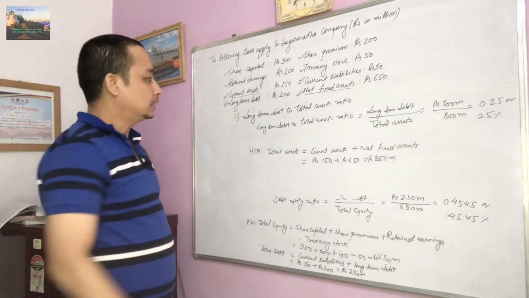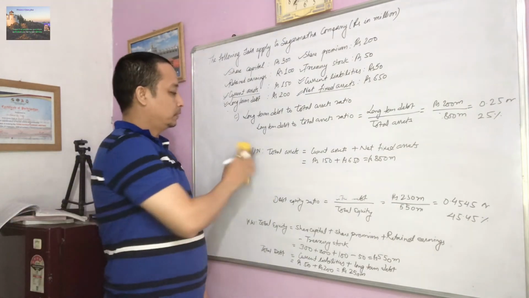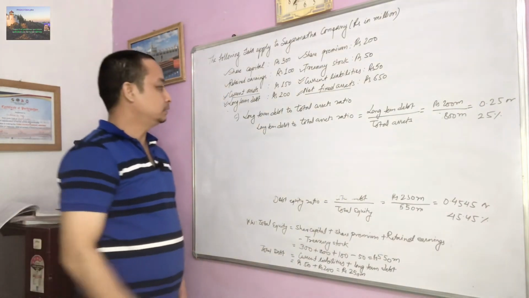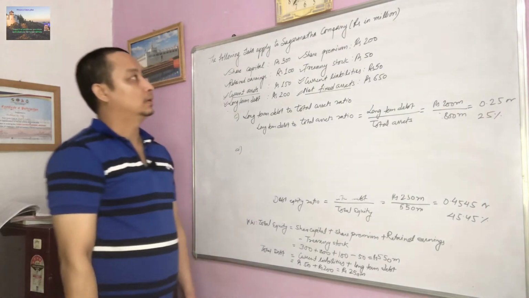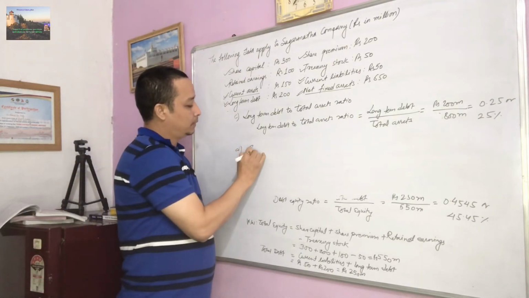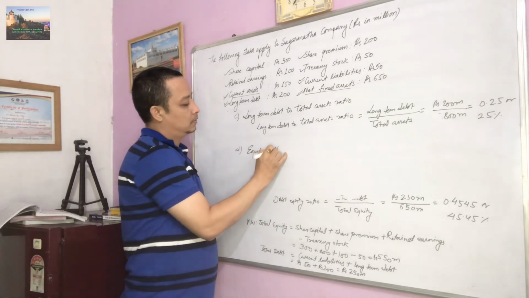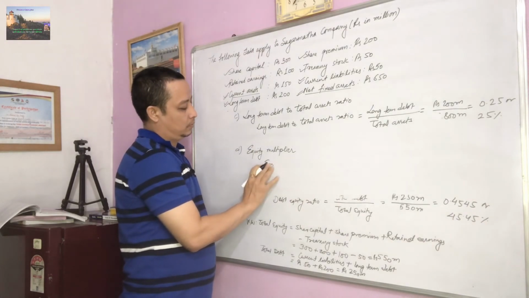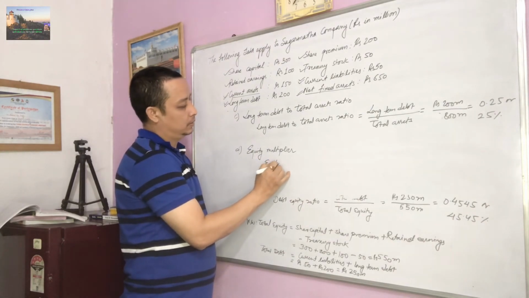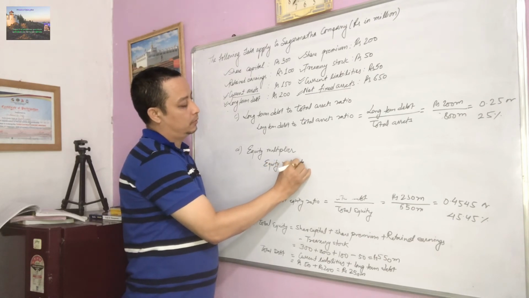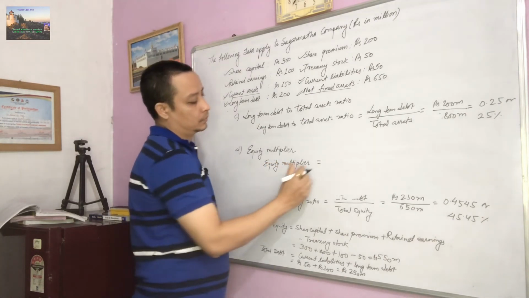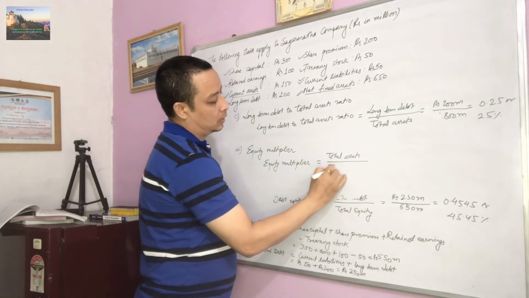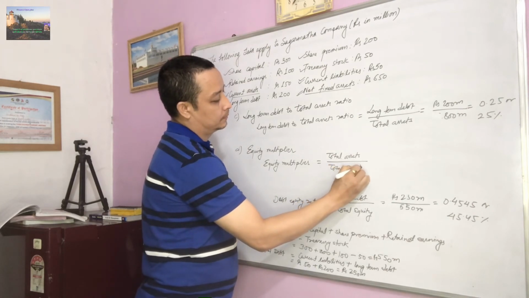Now after finding long-term debt to total asset, next you have to find is equity multiplier. You have to find the equity multiplier for Sagarmatha company. So you know the formula of equity multiplier. Equity multiplier equal to total assets upon total equity.